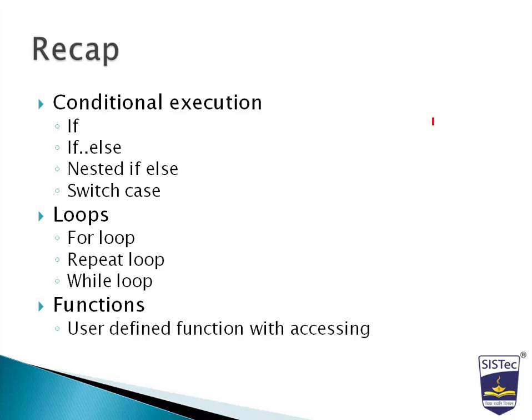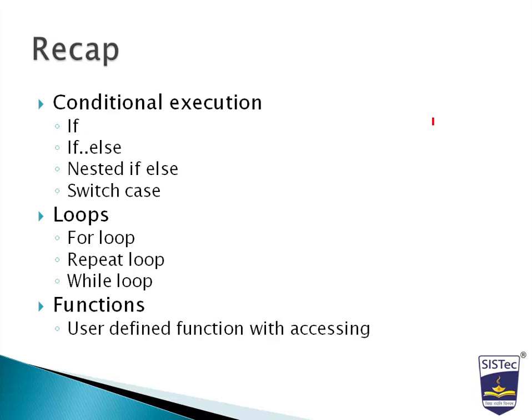Let's take a brief recap of the previous video. In the previous video, we discussed conditional execution in the R programming language, where we covered conditional statements like if else, nested if else, and switch case.